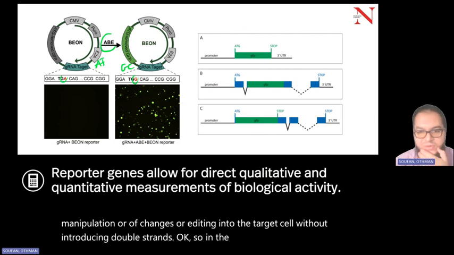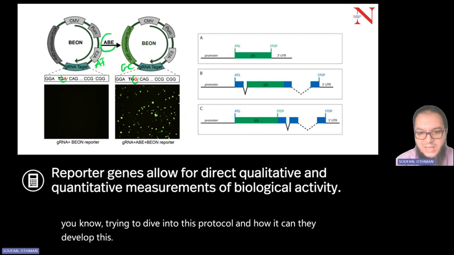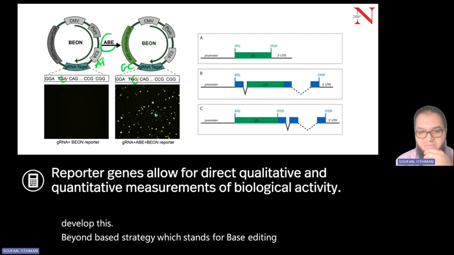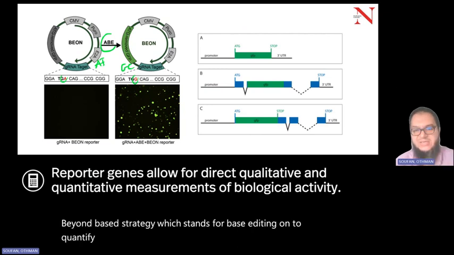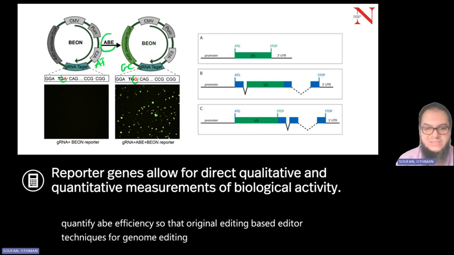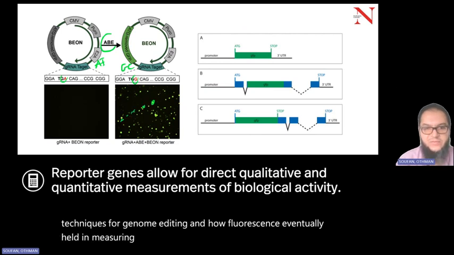In this paper they talk about diving into this protocol and how they developed the Beyond Base strategy, which stands for base editing, to quantify ABE efficiency, the original adenine base editor technique for genome editing, and how fluorescence eventually helped in measuring that kind of information.